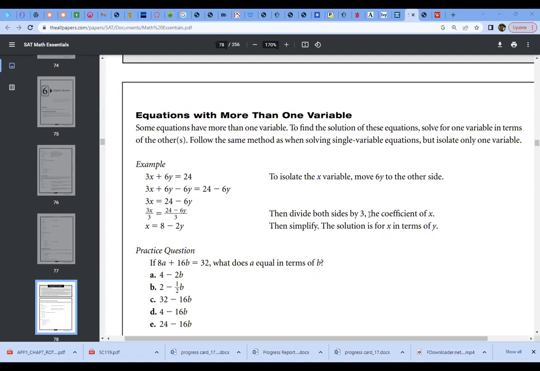I'm going to give you advice. First of all, if you find a common factor, you can divide by it. So you can divide by 8 first. If you divide the whole equation by 8, then you get A plus 2B equals 4, right?